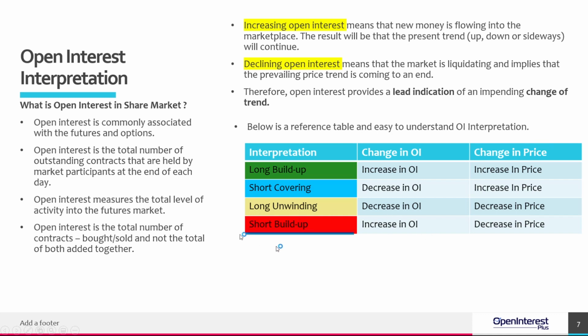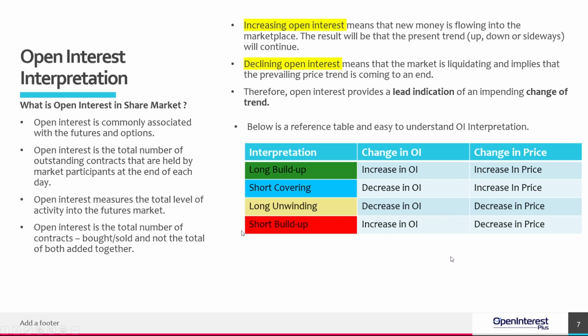So these are the four interpretations, or the four outcomes, of open interest when we combine it with the price. Open interest has to be seen along with the price factor, and that is how we will be able to interpret it. This is one of the features the open interest tool is completely designed around, and it will help us decode. So we don't have to look at the price and the open interest separately and try to understand.